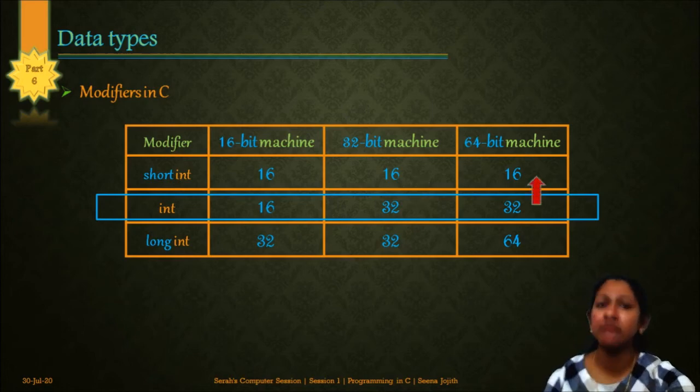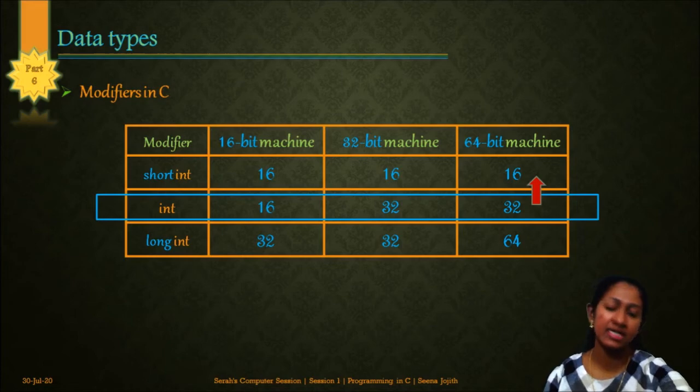So it's actually doing what the keyword suggests, shortening the size that is being allocated. There will be circumstances where you have to use size modifiers. We'll see it when we do programs.